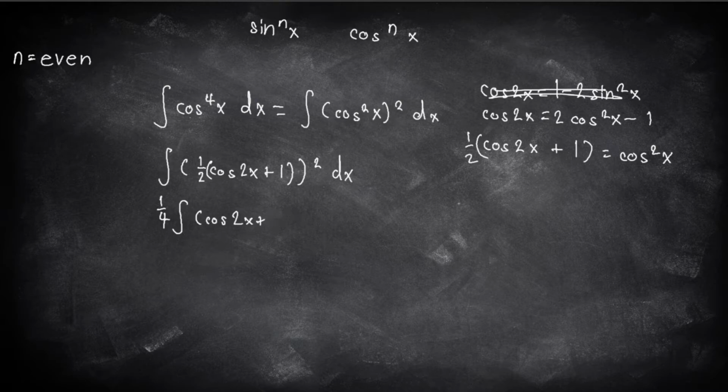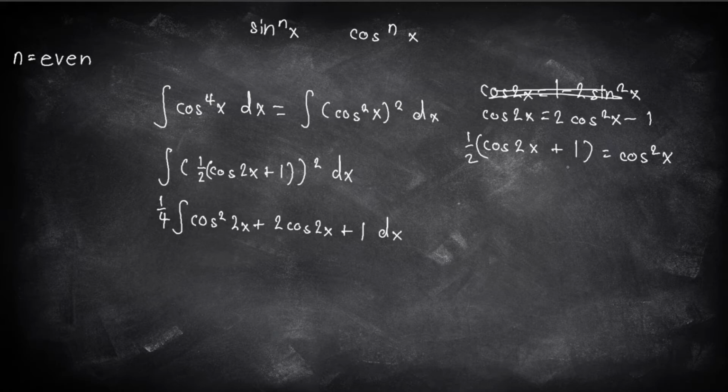So this thing squared would just be cosine squared of 2x plus 2 cosine of 2x plus 1 dx. Okay, now from here, we see that we have another square. We can't deal with those, so we're going to plug it back in. So instead of an x, we have 2x.